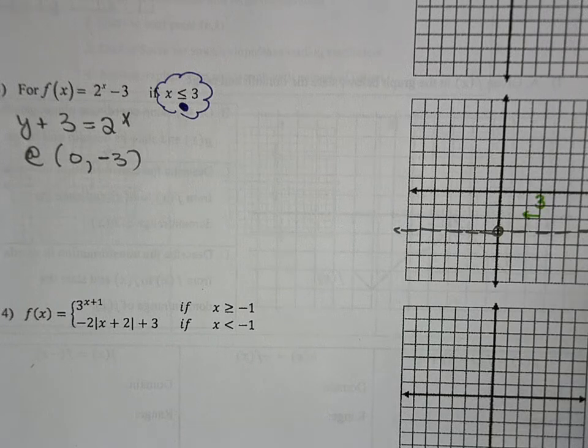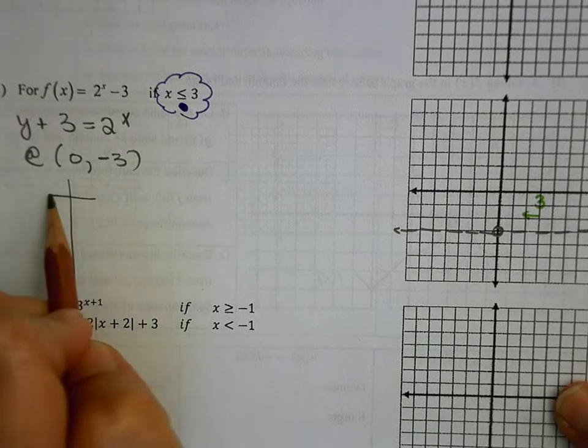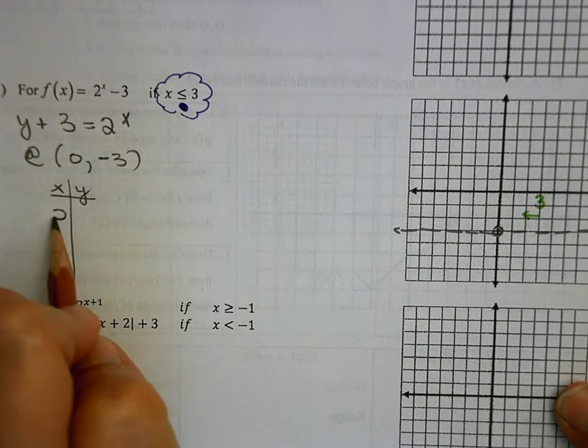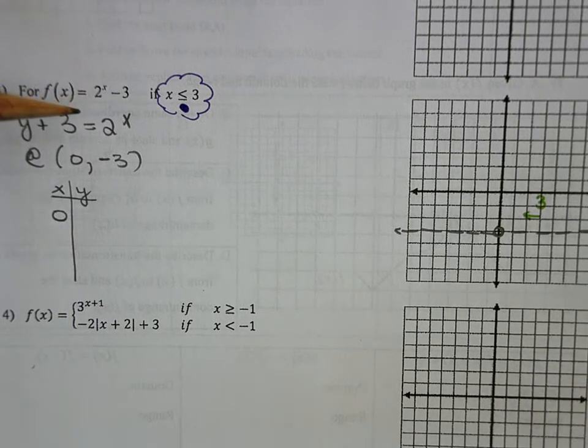So I want to go ahead and do a t-table because I'm graphing an exponential. I'm going to start with 0. And because it's a growth, the base is greater than 1, so I want to look to see what's happening to the right, because that will give me whole number values.